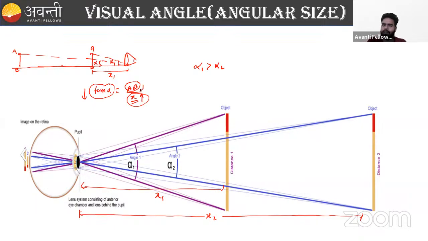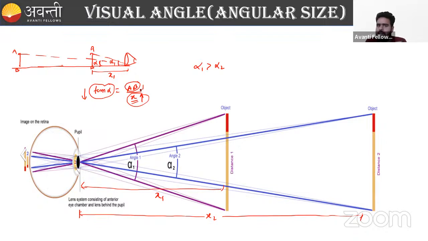And there is another thing. If we can't see a clear image, not because of the size of the object but because of the distance of the object from our eye, then the optical instrument we have to use to see the distant object is known as the telescope.